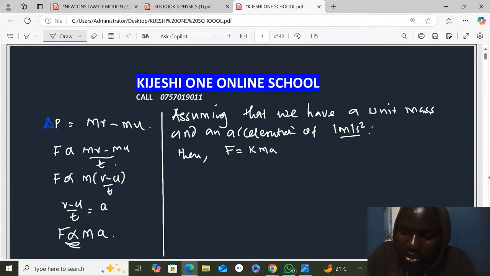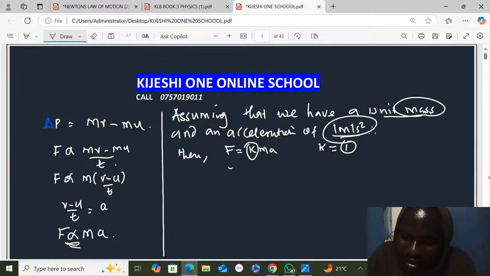Therefore, since all this is represented as 1, the k is equal to 1 because of a unit mass, which is 1 kg, and finally we can say that force is also given by ma.